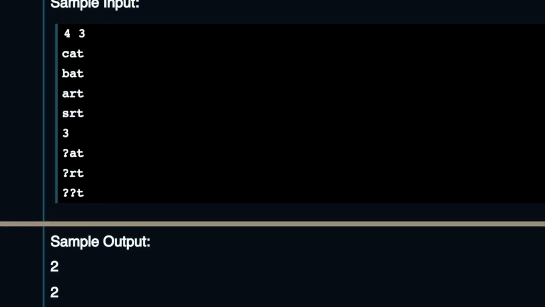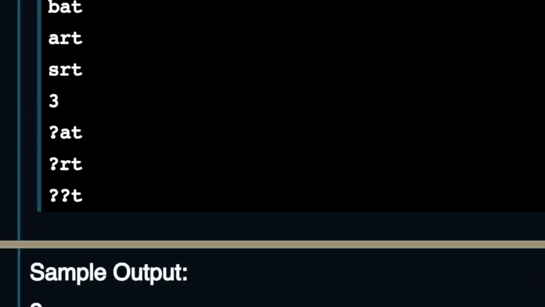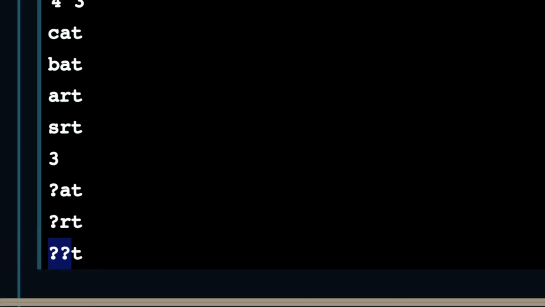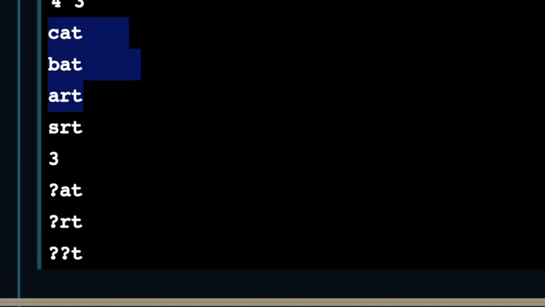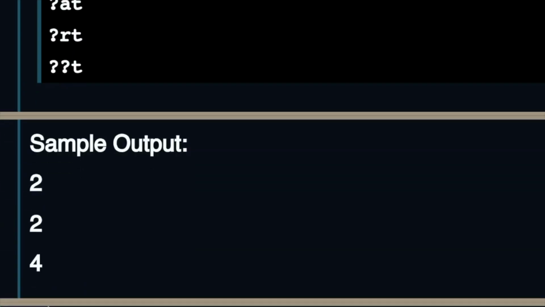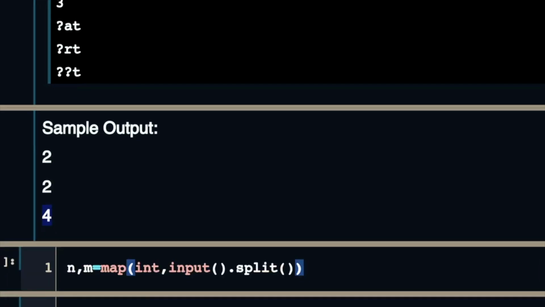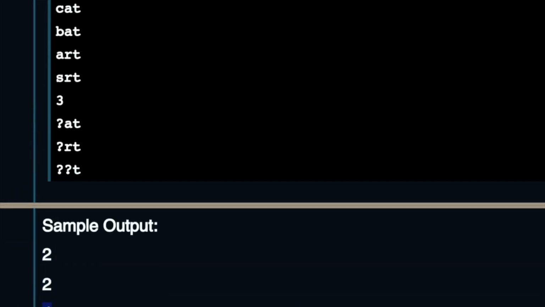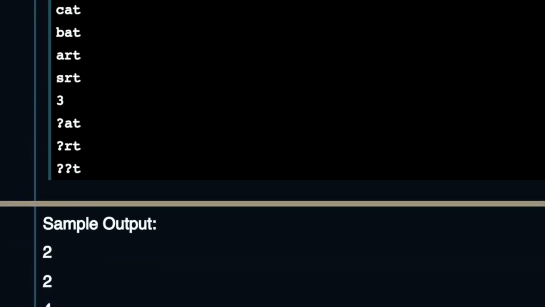The last query is my favorite: 2 question marks and just T. Any letter can come in those question marks. So here, all 4 words in the dictionary end with T. So output is 4 for this. So basically you can put any letter in the question mark and you have to get the output.